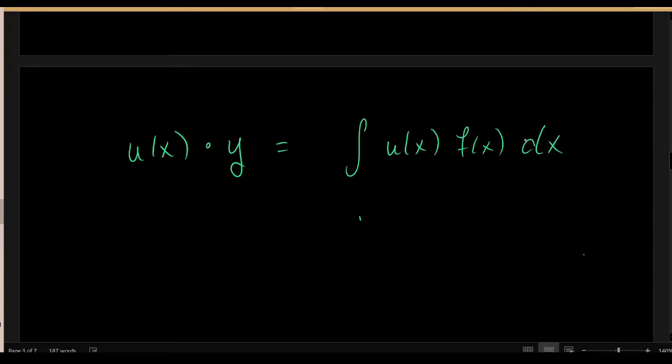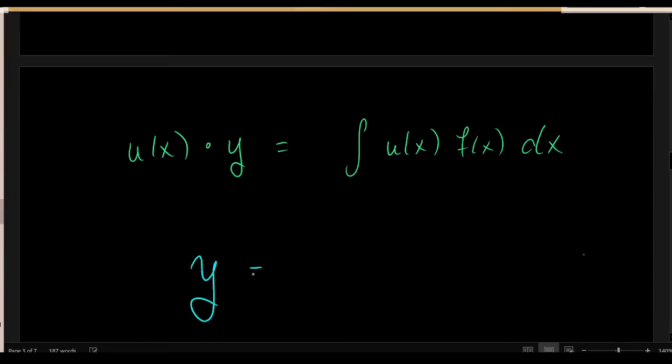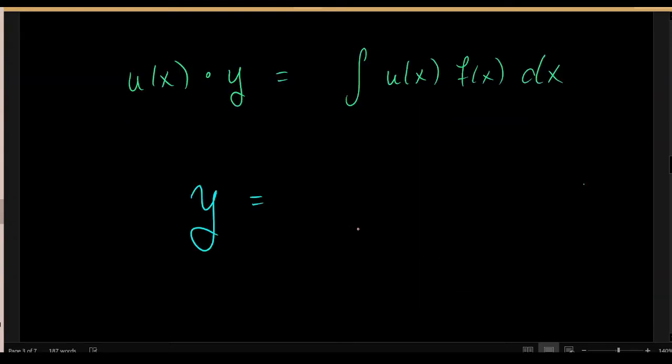We get rid of the derivative on the left side by integrating both sides with respect to x. So what, therefore, is our solution? What, therefore, is y? y can be found just by dividing both sides of this equation by u of x.